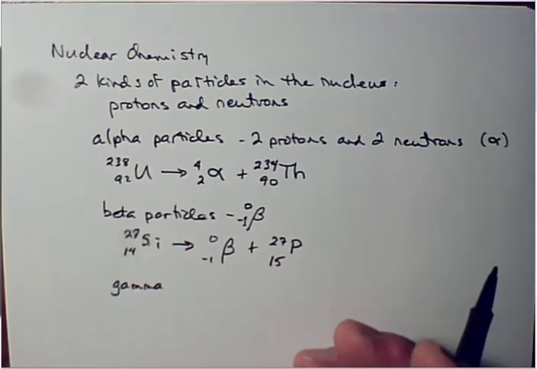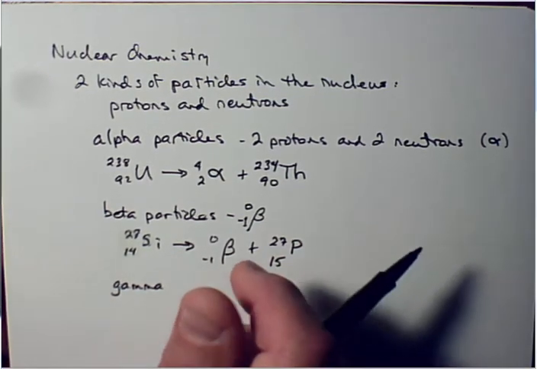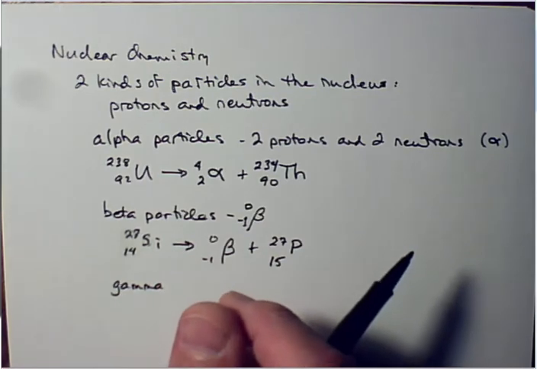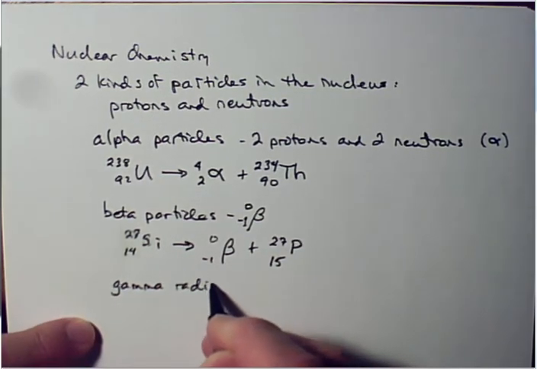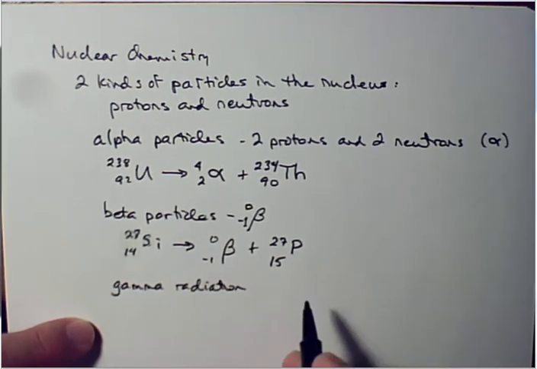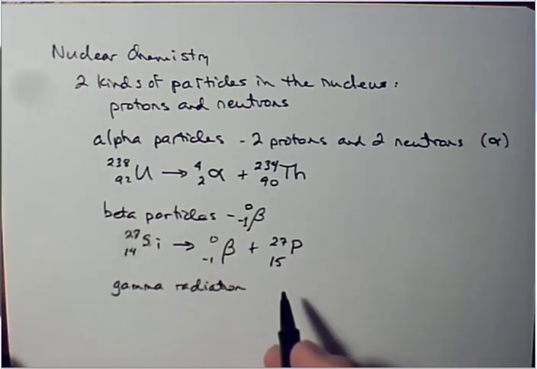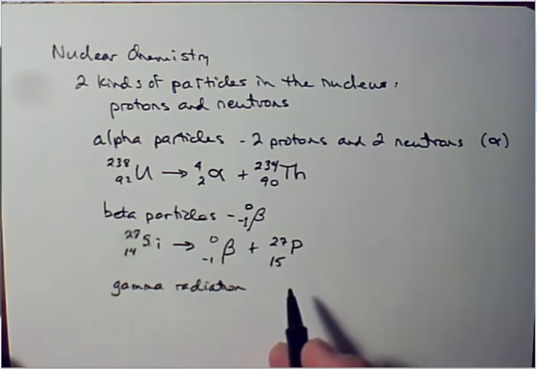Now that's not new stuff. You should have learned that in physical science. So gamma radiation, electromagnetic radiation, is light of a really tiny wavelength, really high frequency.